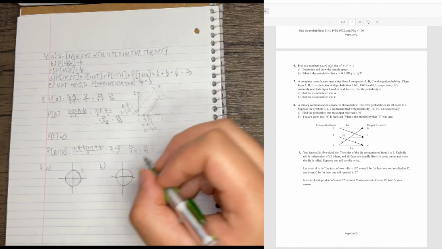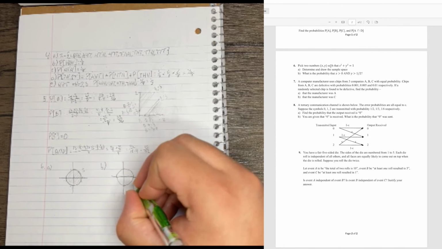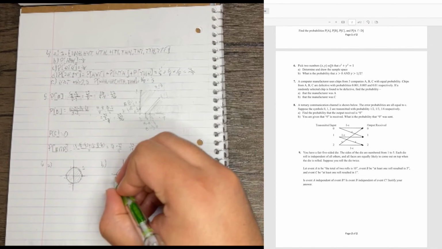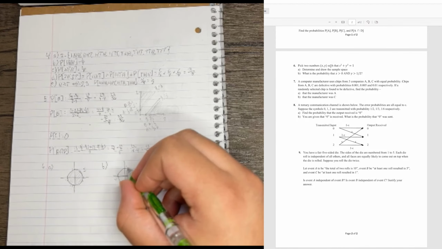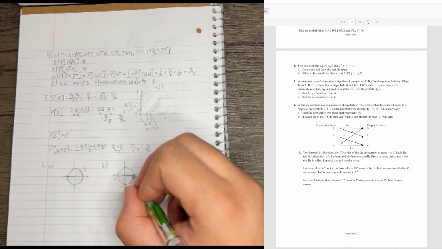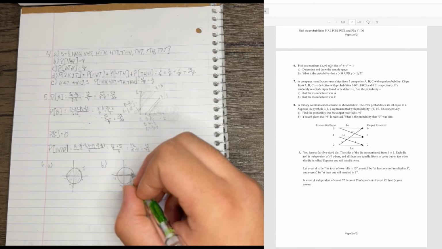Probability that x is greater than 0, so anything over here, and y is greater than 1/2.